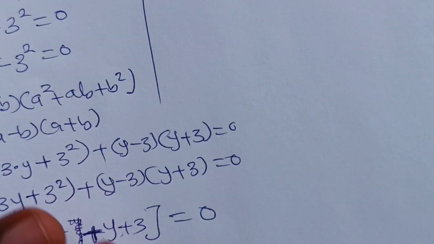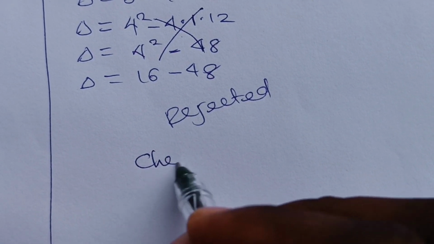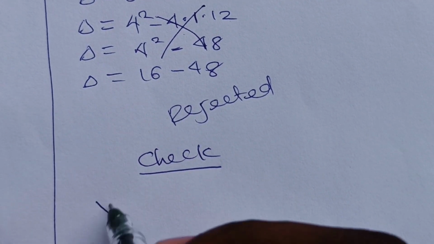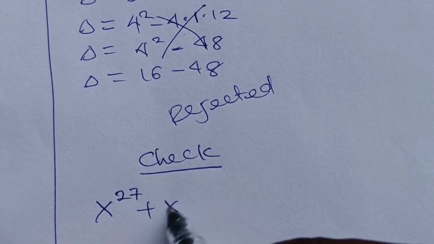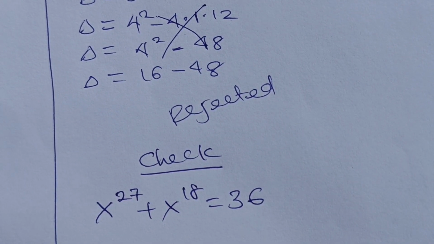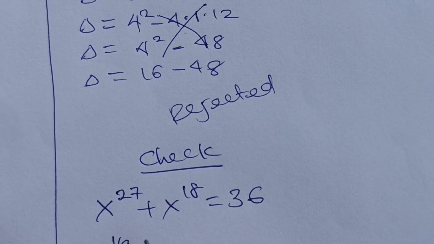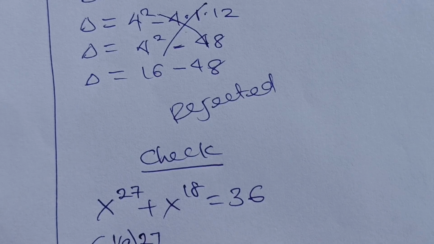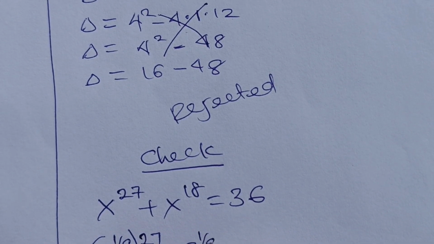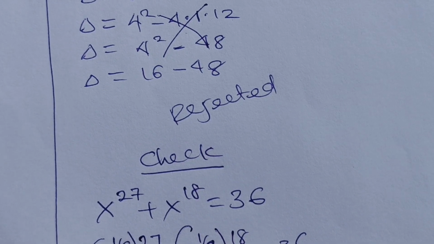Now let's check our solution. To check, we have x to the power of 27 plus x to the power of 18 is equal to 36. Now our x is 3 to the power of 1 over 9, so we have 3 to the power of 1 over 9 raised to the power of 27 plus 3 to the power of 1 over 9 raised to the power of 18 is equal to 36.